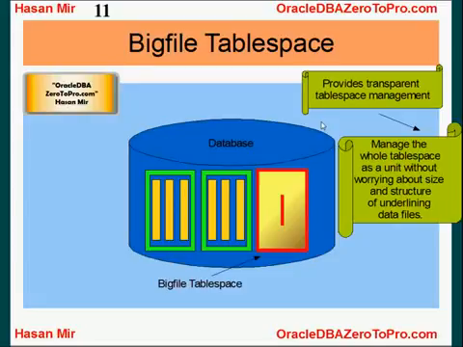It's okay if you can't completely understand what a big file is; it's enough if you understand the concept. A big file is a special table space that lets you manage all the files within the table space as one unit.